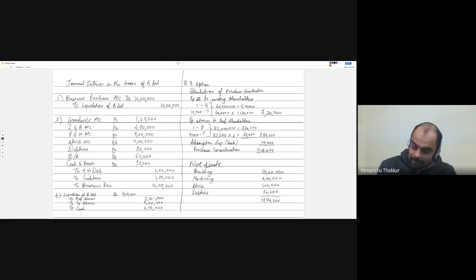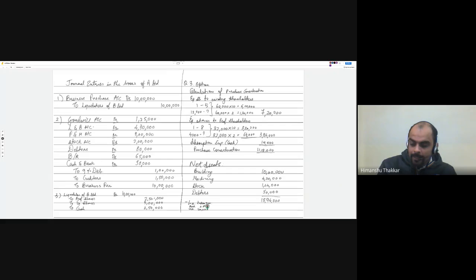I don't have space left here, so I'll be writing a little congested. Kindly bear with it. Liabilities taken over. For the bad debt reserve, you can deduct it from the debtors and then write the new values of the debtors, that will be correct, or you can deduct it later like this, that is also correct.